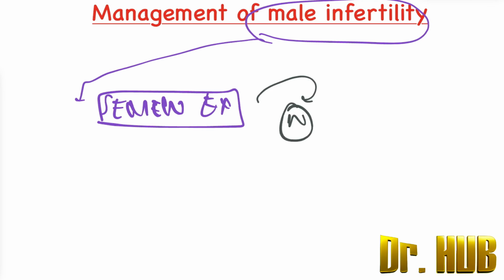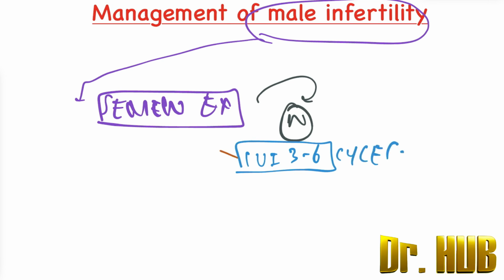In terms of the normal findings, there is the IUI for 3 to 6 cycles. Under this, we look for a sperm count greater than 10 million per ml.